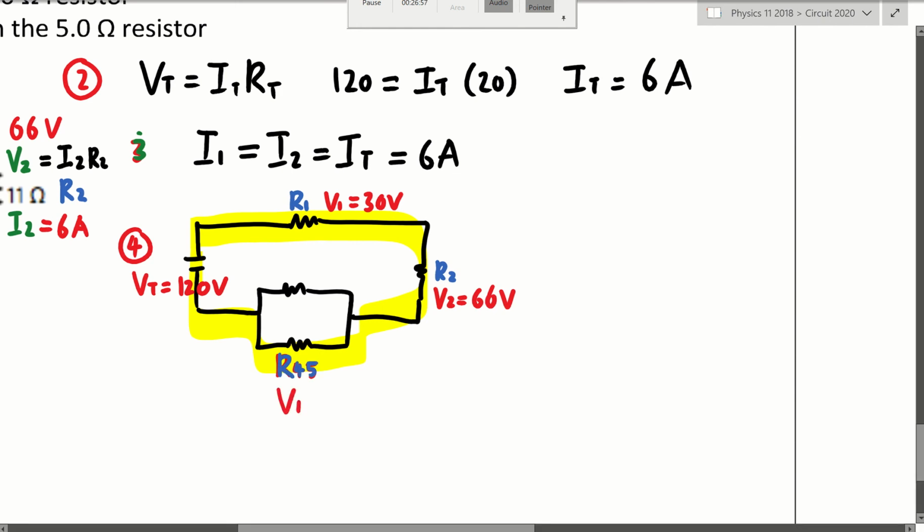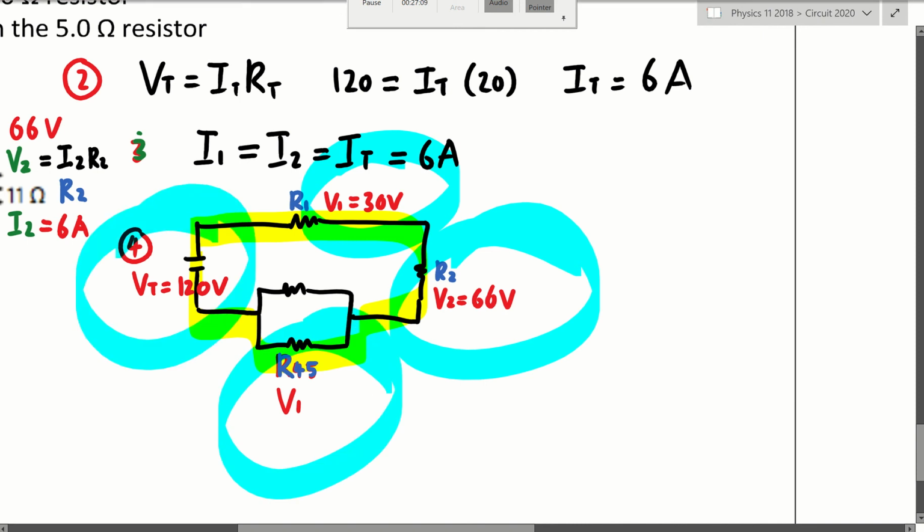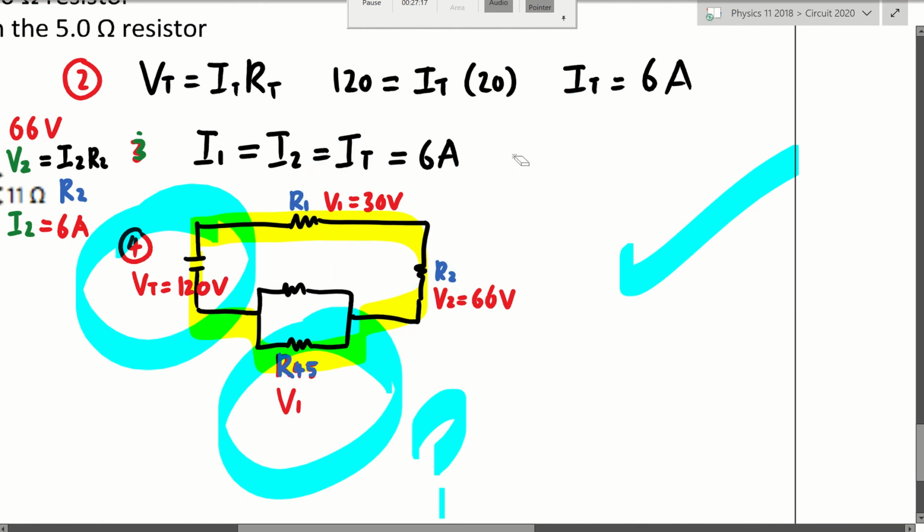The first customer took 30 pizza. The second customer took 66 pizza. The third customer took an unknown amount of pizza. But how much pizza did I pick up from Pizza Hut to begin with? 120 pizza. So whatever does not drop on the first one and the second one must be on the third one. That's how you get it.